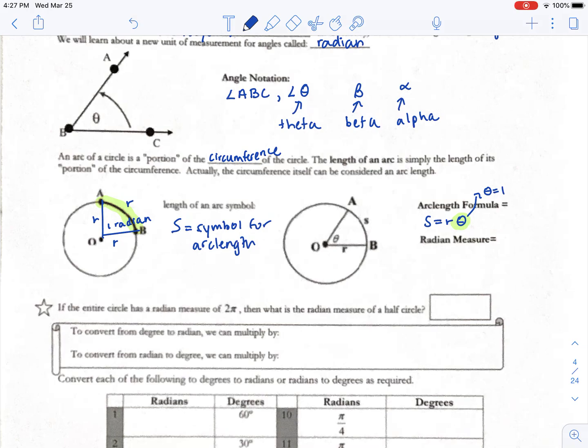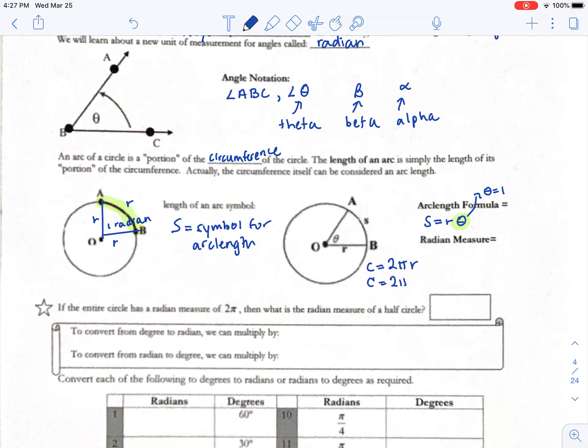Something else to observe is the circumference formula from geometry, 2 pi r. Let's say we define the radius from a unit circle, which is a circle with a radius of 1.